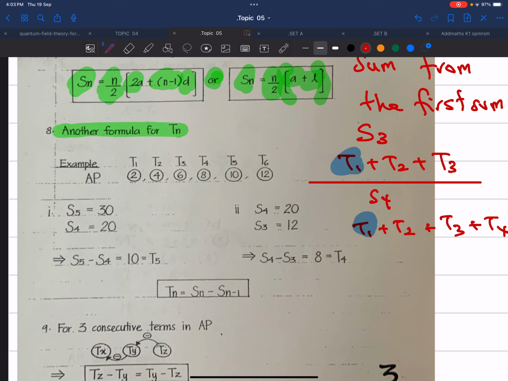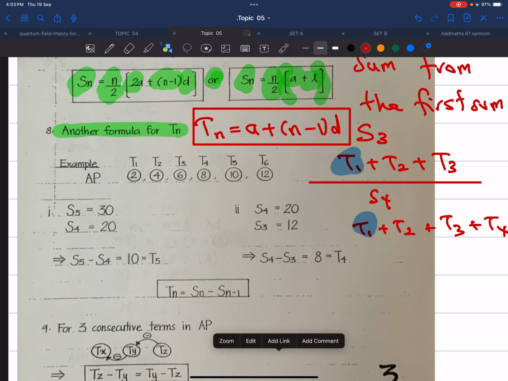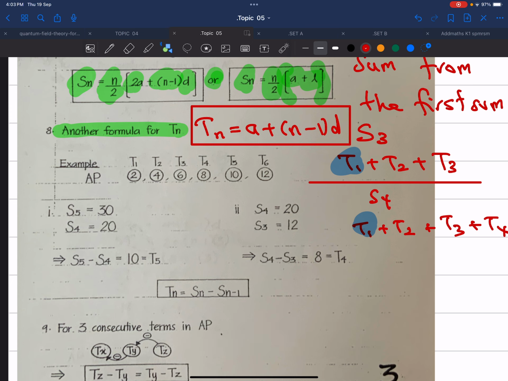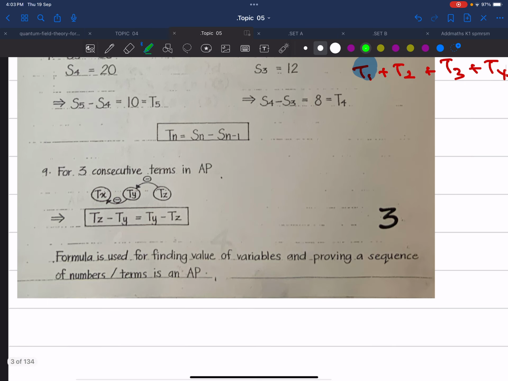And there is another formula for Tn. Previously, we have learned that Tn is a plus n minus 1 d. This is the formula we learned previously. There is another formula for this Tn, which is Tn equals Sn minus Sn minus 1. I give you an example.